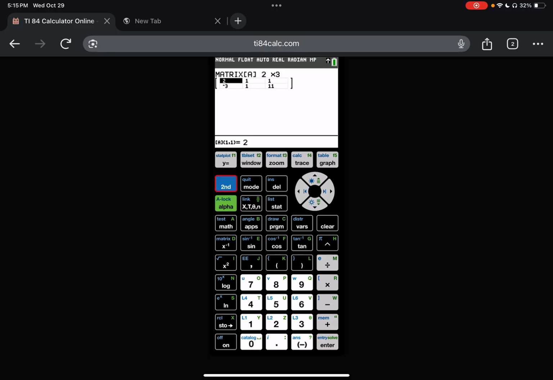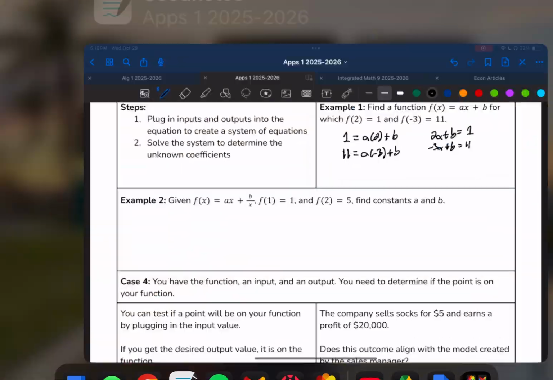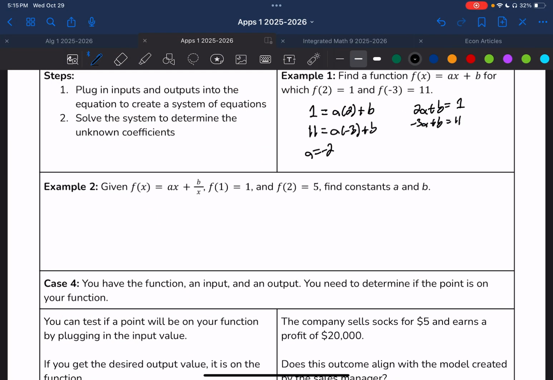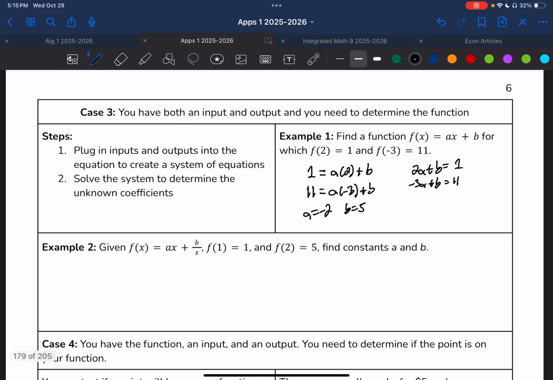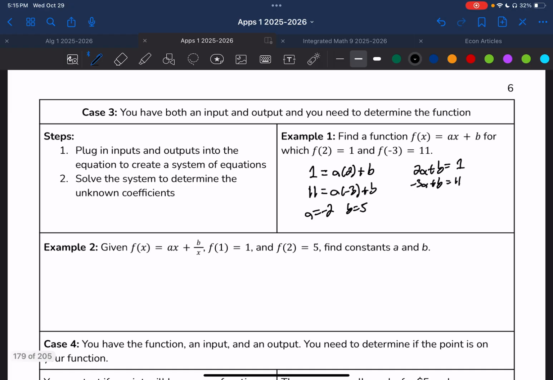Okay. And now we can go second matrix, math, go down to RREF, second matrix, the one that we were just looking at. And now we can see that a is negative 2 and b is 5, meaning that our equation is f of x is equal to negative 2x plus 5.